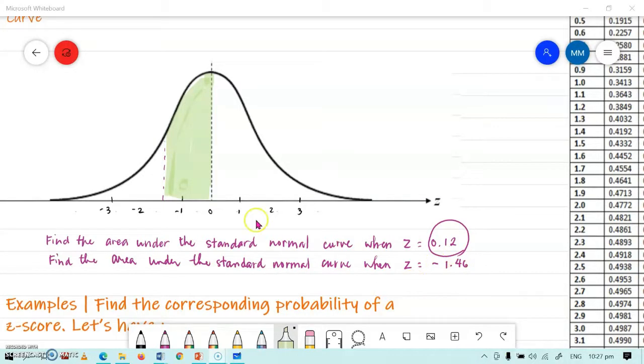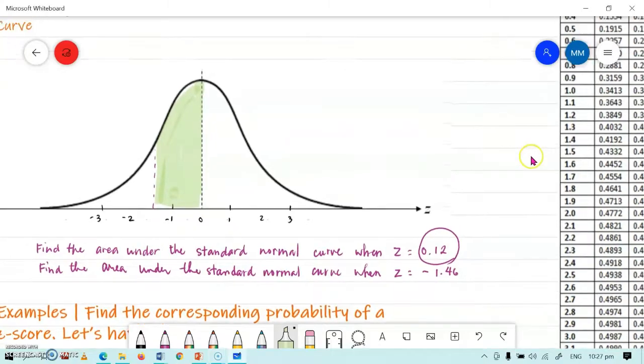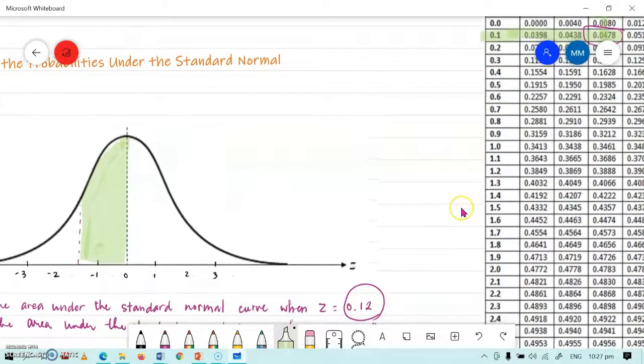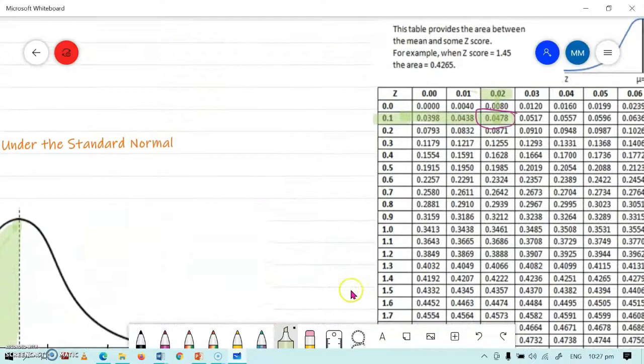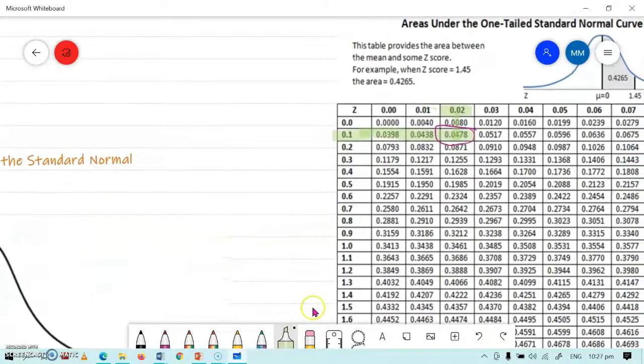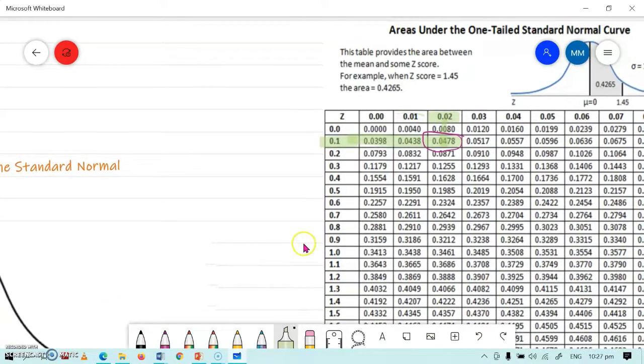Now let's find the area of our shaded region here. Our z-score is negative 1.46, which is just equal to negative 1.4 and 0.06. And since the areas of negative and positive z-scores are equal, let's find the intersection of 1.4 and 0.06.